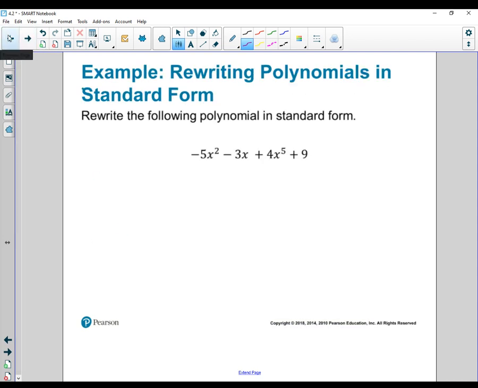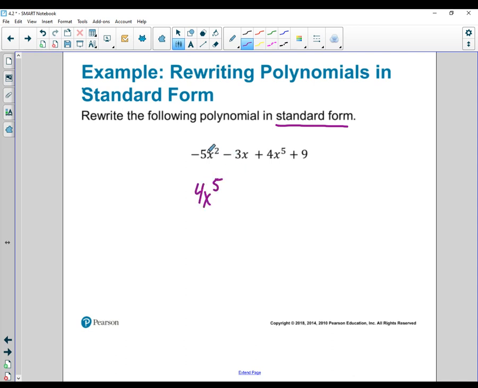And then there's also standard form. When you write a polynomial in standard form, all you do is write it in descending order, which is how we like to write it anyway. So when it says standard form, really it just means write it kind of how you should want to. We always want to put the biggest power first. So in this case, it's 4x to the 5th.